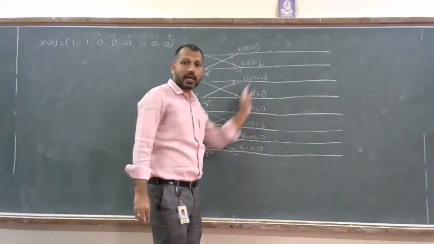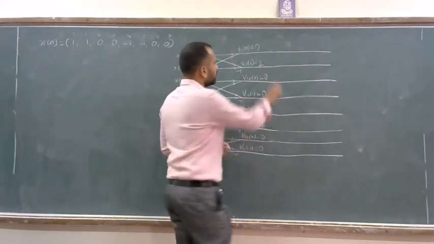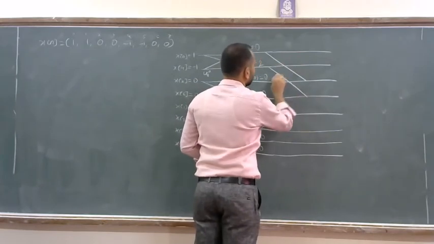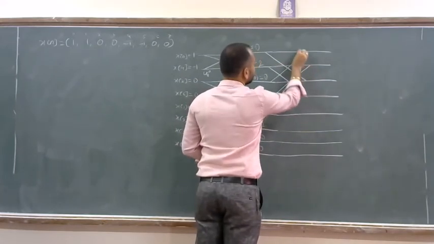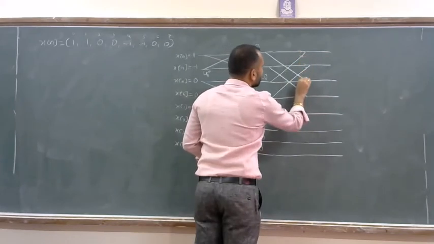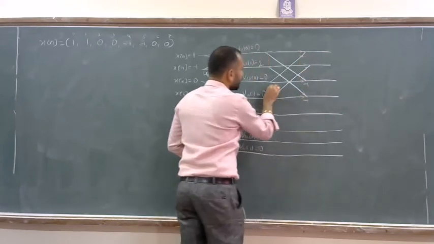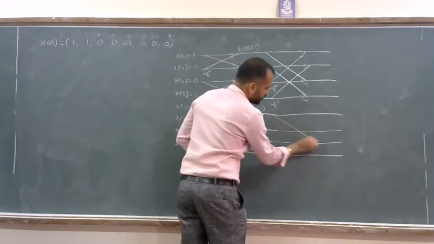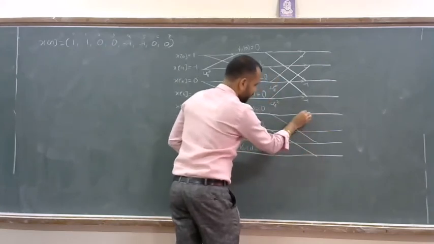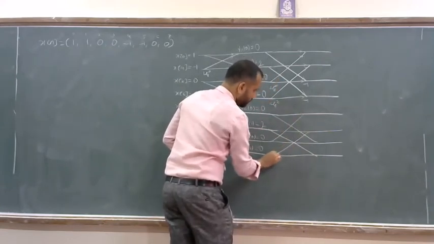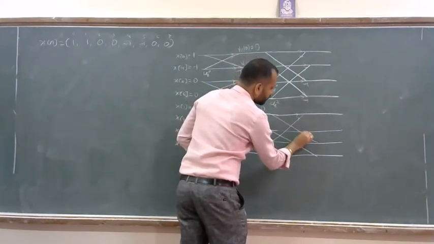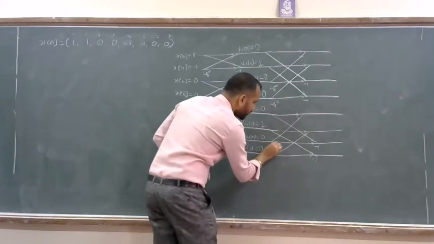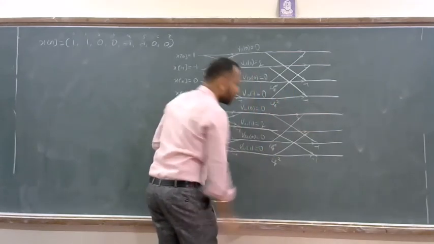These 2-point DFTs are to be combined to get 4-point DFTs. And for them, the butterfly structures are this one, with W80 and W82. And like this, the second structure will be repeated, with minus 1, W80 and W82.